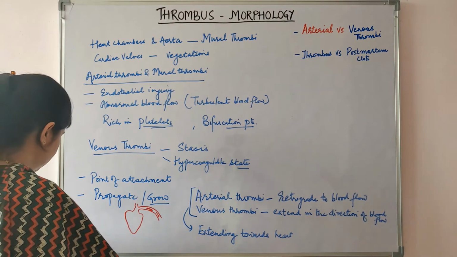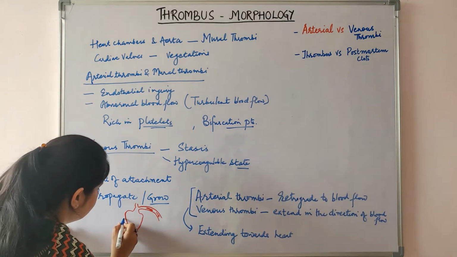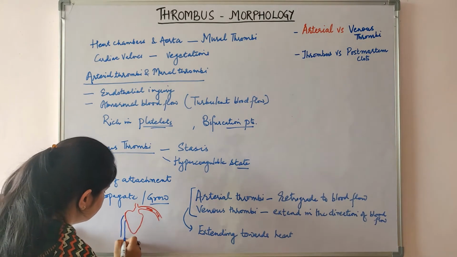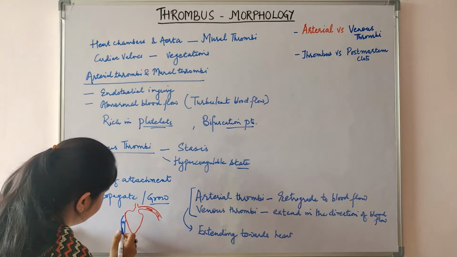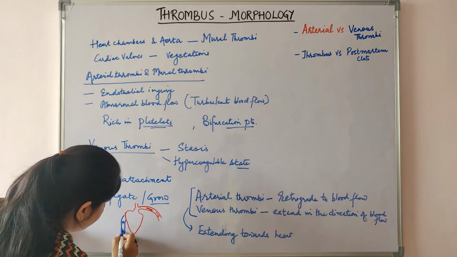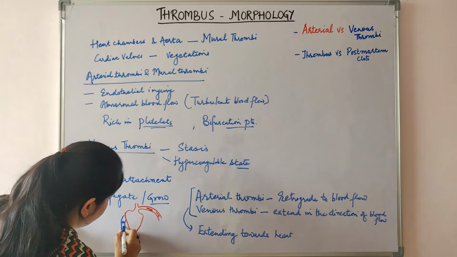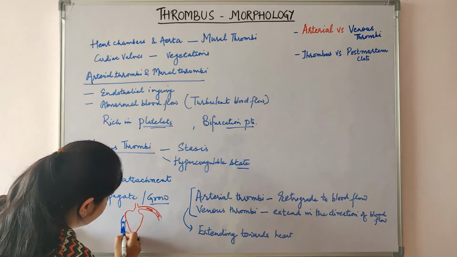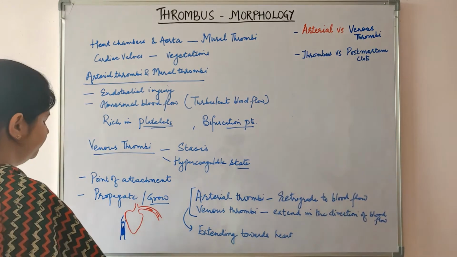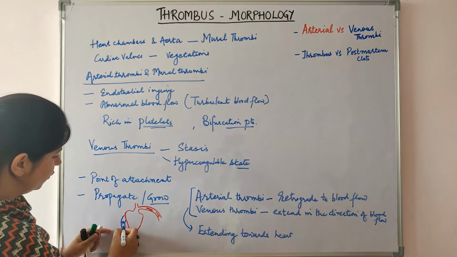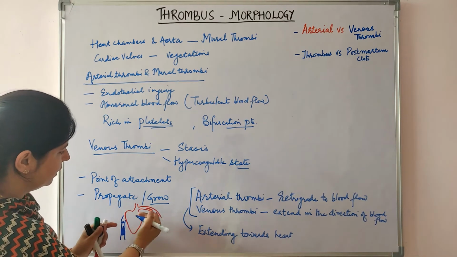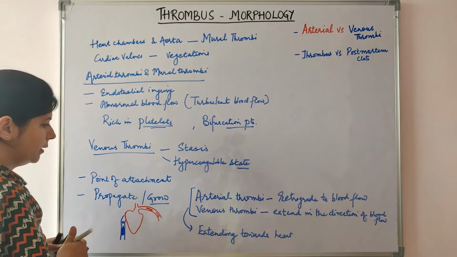In case of veins, this is the direction of blood flow. So here this thrombus tends to grow in the direction of the flow of blood. And you can see both these are propagating or extending towards the heart.